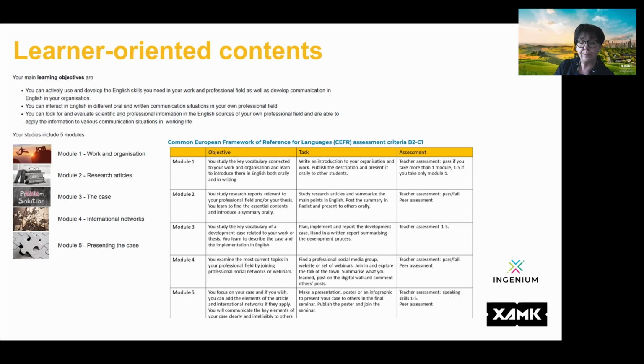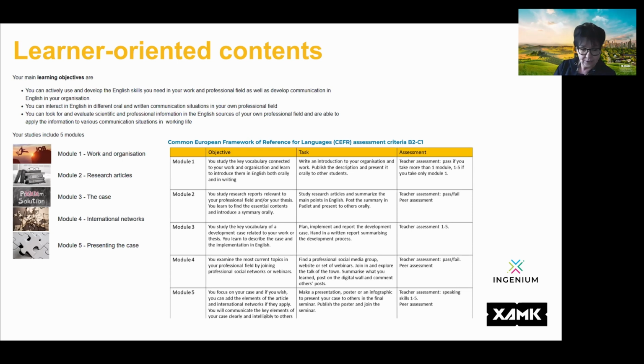And there was the module number 4 in between. And there, the assignment is to follow a network, a professional network. For example, in social media or a set of webinars, just to see what the talk of the town in that profession at that moment is.